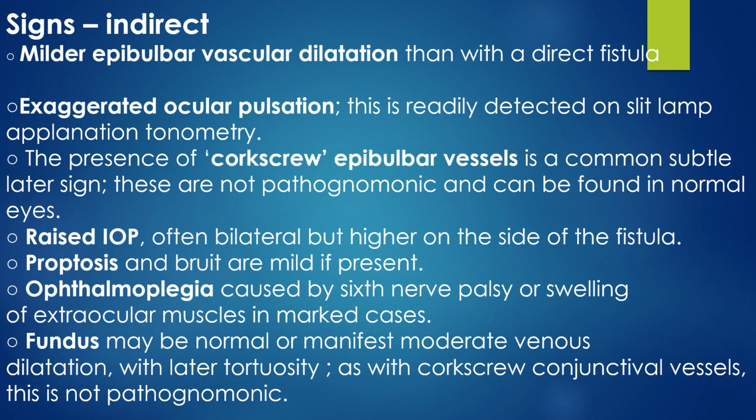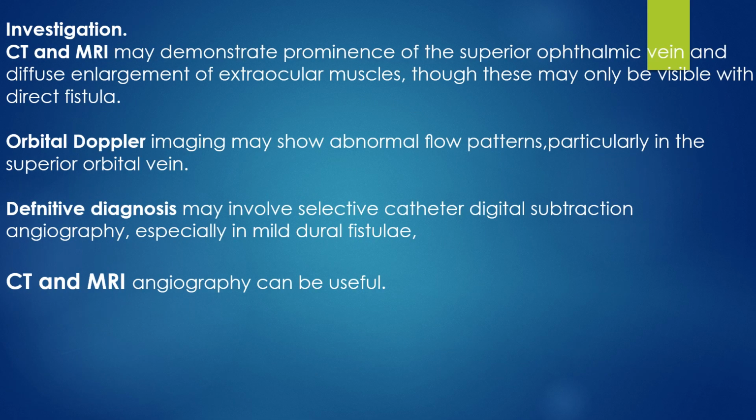In marked cases, the fundus may be normal or manifest moderate venous dilatation with later tortuosity. As with corkscrew conjunctival vessels, this is not pathognomonic. Investigations are with CT scan and MRI, which may demonstrate prominence of the superior ophthalmic vein and diffuse enlargement of the extraocular muscles, though these may only be visible with direct fistula.